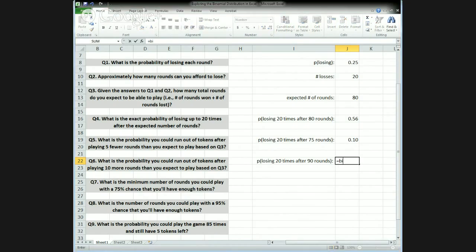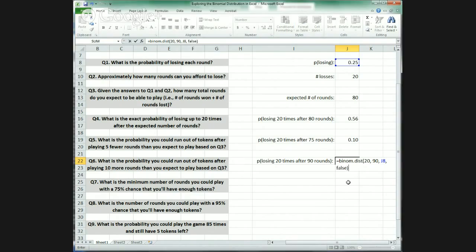So this is binom.dist 20, 90. The probability remains 0.25. And again, we want to put false here because what we're asking is the exact probability of losing 20 times, not the probability of losing up to 20 times.